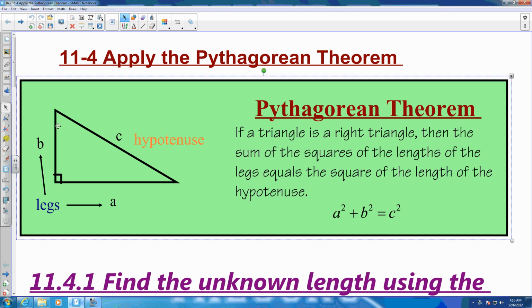Alright, so we have lesson 11.4, and we are applying the Pythagorean theorem.